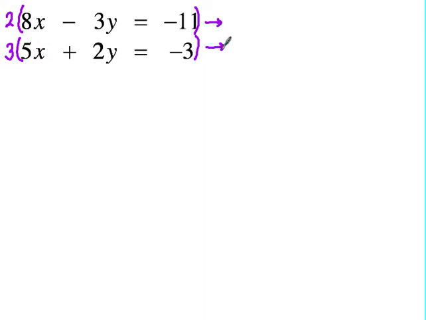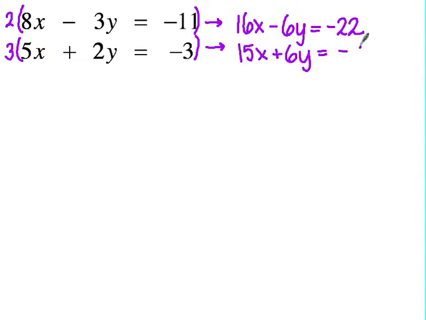So the top equation becomes, okay, minus 6y, yep, equals 22. Bottom equation becomes negative 9.